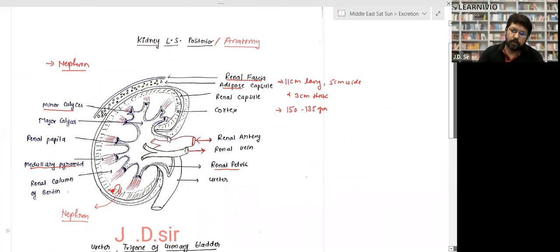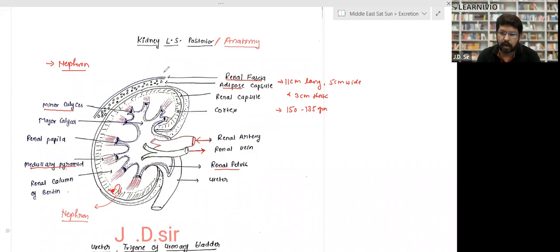So in the human kidney, this is the renal artery from where the impure blood comes, and this is the renal vein from where the purified blood goes out, right? And this pipeline which collects the urine is called the ureter, right? Now you can see one more important thing, that there is a capsule.